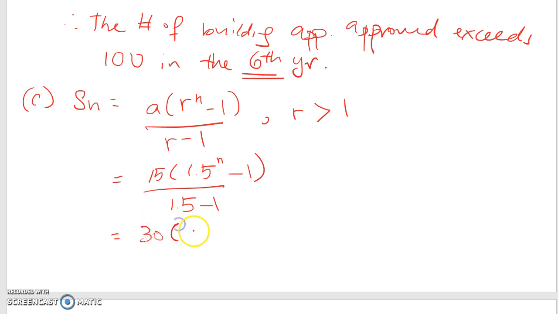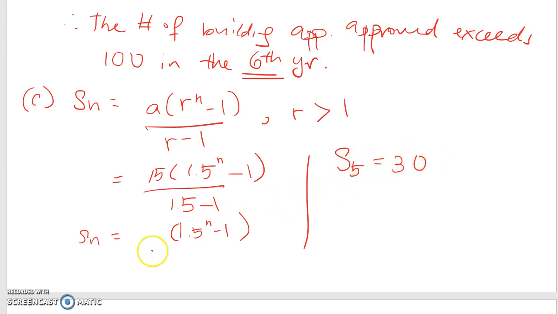Let's simplify this. We're going to get 30 times 1.5 to the power of n, minus 1. So this is our general expression here. We want to solve for the total of the first 5 years. So that's S5. So we're going to replace n with 5, and that's going to give us 30. Oh, sorry, that's a 30 here.